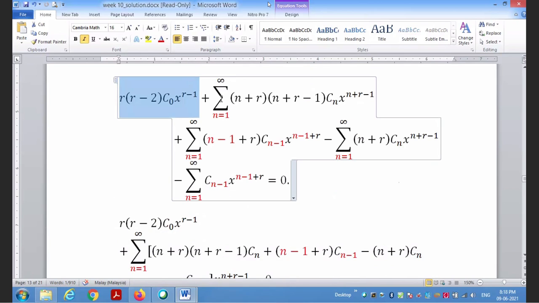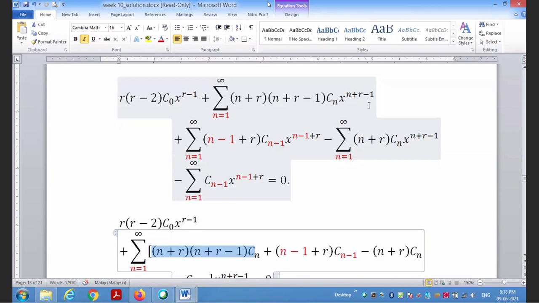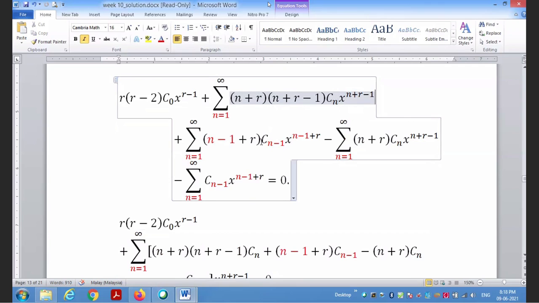Now we want to combine all the summations, right? We combine this one is Cn and this one is Cn, we combine both. So that's why we have this, right? Next, we combine the second summation and the fourth one because they depend on Cn minus 1.